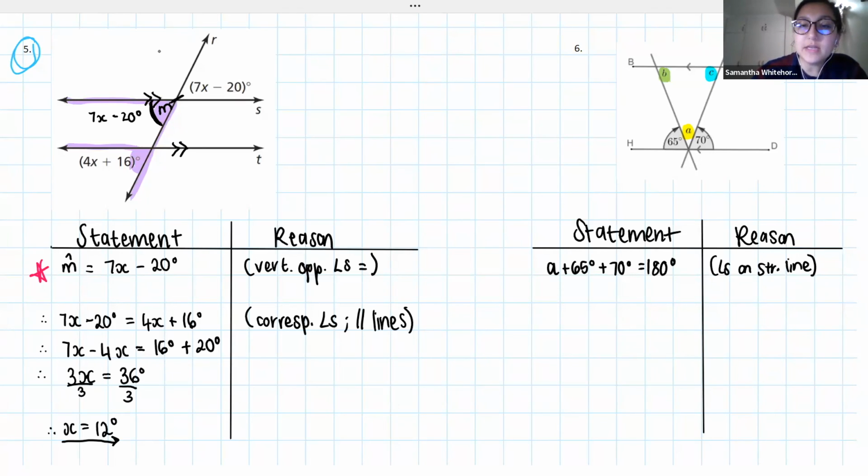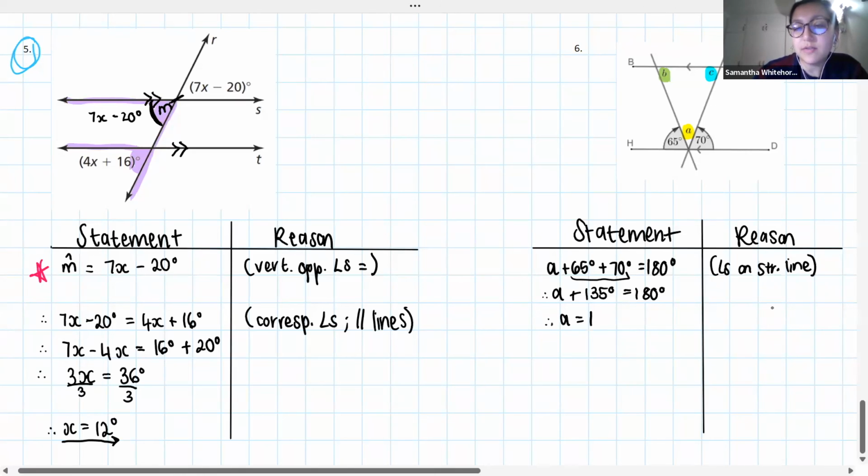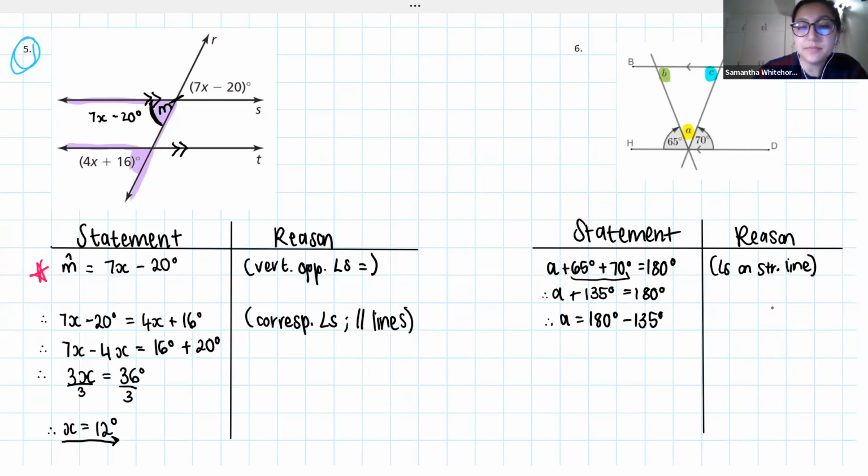I'm going to solve for A. So I'm going to add 65 and 70 to start off with. A plus 135 is equal to 180. I'm now going to solve for A. So I'm going to subtract 135 on both sides. So 180 minus 135. And so A is equal to 45 degrees. Now you can put that on your diagram in case it helps you later on.